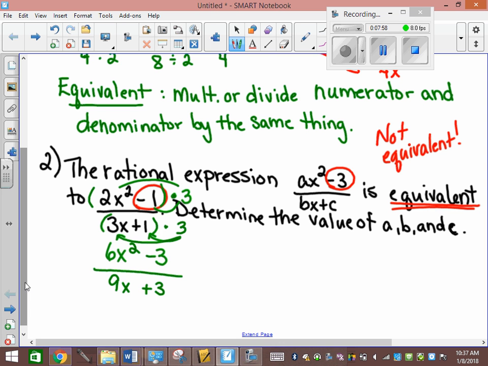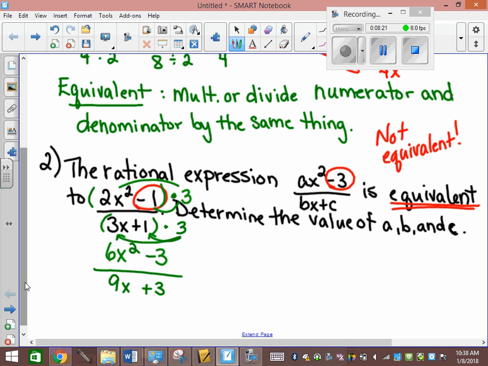What would c be then? Just 3, correct? If it was bx minus c and this was 9x minus 3, the minus signs would be shared and c would be what was beside the minus sign, right? Which would be 3. Okay? So you don't have to state negatives in that case. So you always state what the value is beside what you're looking for.